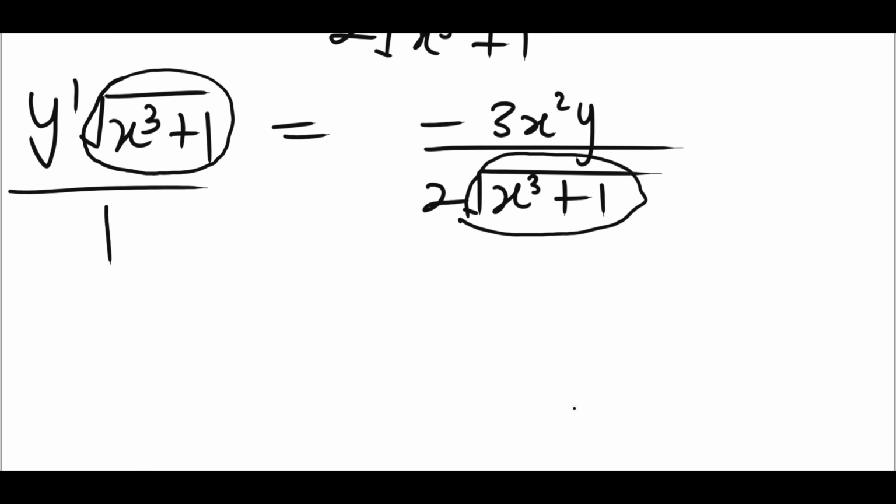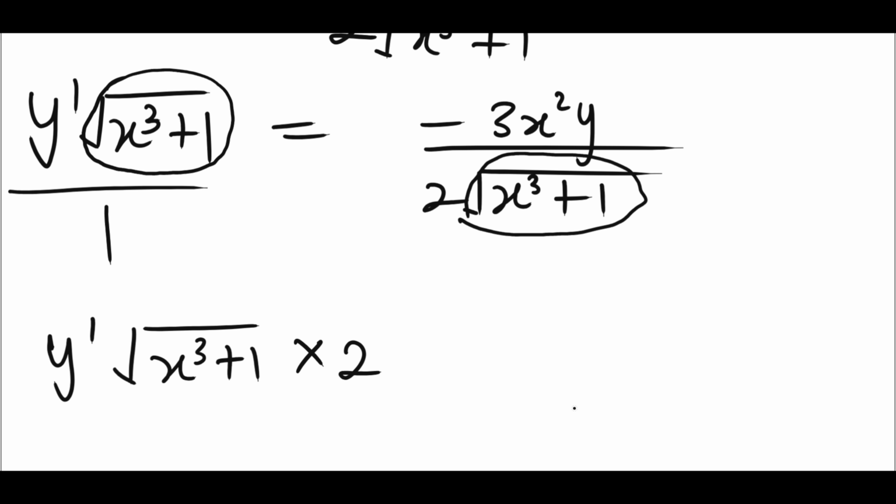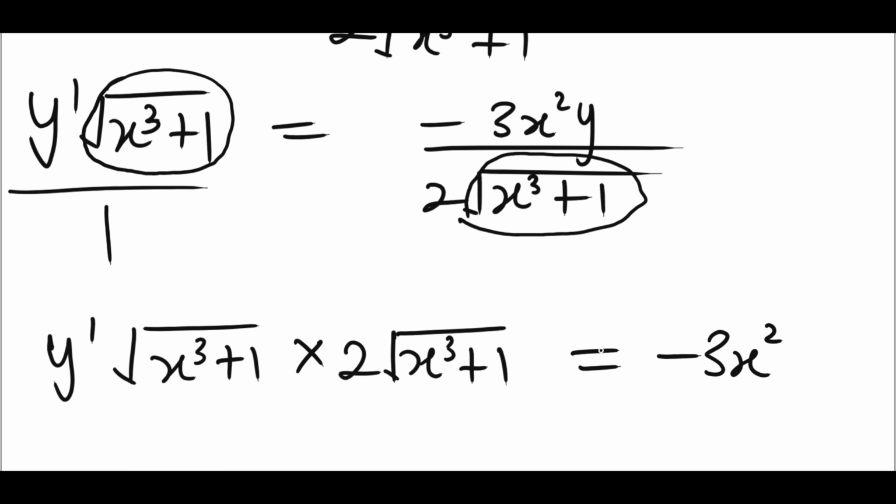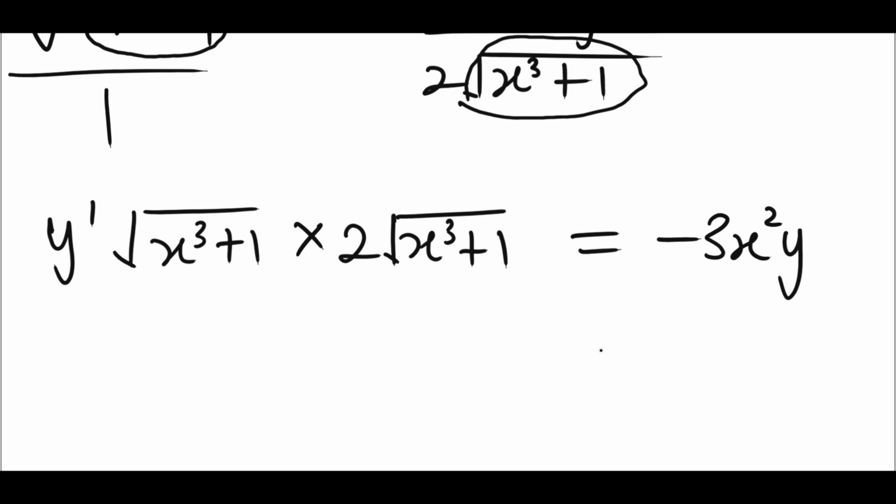So when you cross multiply, we are going to get y prime square root of x cubed plus 1 multiplying 2 square root of x cubed plus 1, then all equal to negative 3x squared y. So you can see that we have our negative 3x squared y at the right hand side as we have in the given question. All right.